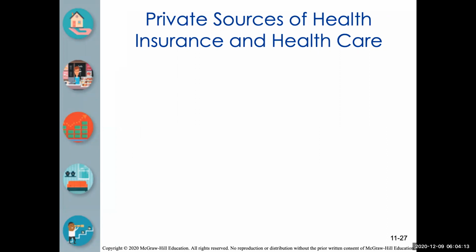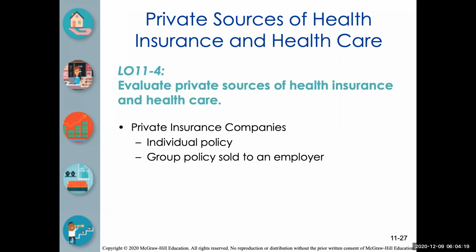And we also have private sources of health insurance. You're going to see these in the benefits package from your companies. We're going to have a conversation here around HMOs and PPOs in just a second. So you need to evaluate the different offerings that these companies have.